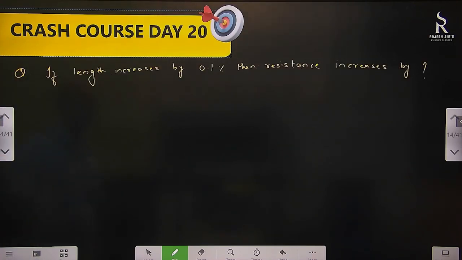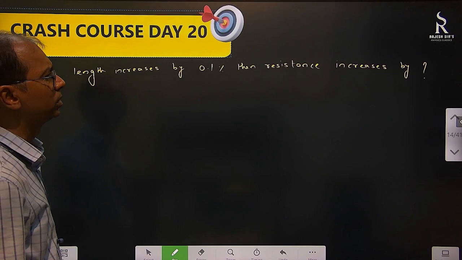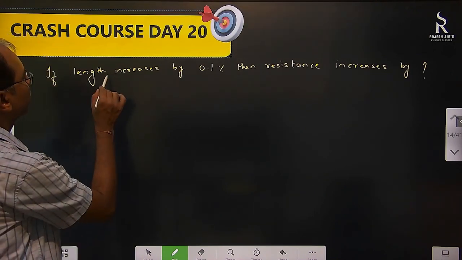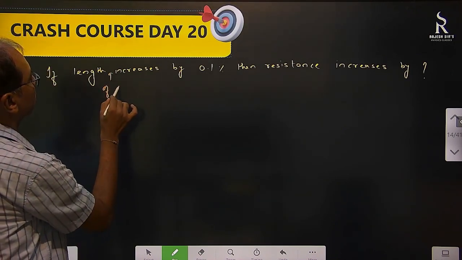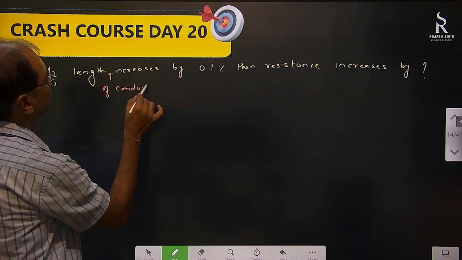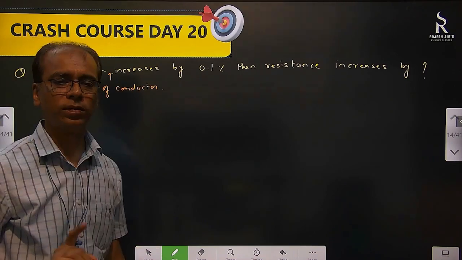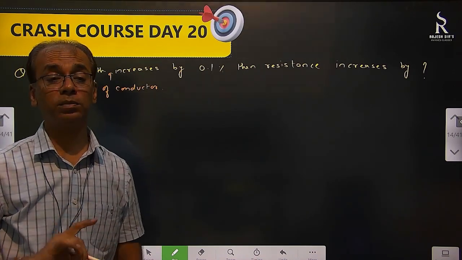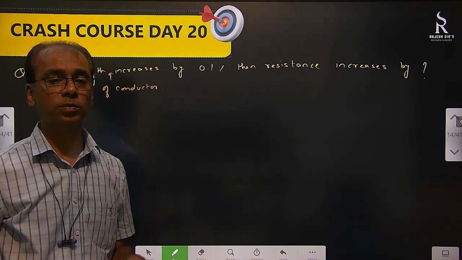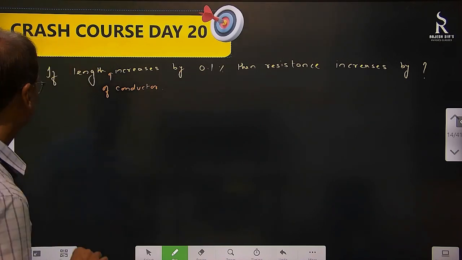If the length of a conductor increases by 0.1%, then resistance increases by how much? A little while ago we said that if length becomes n times, then resistance becomes n square times. We have written already.